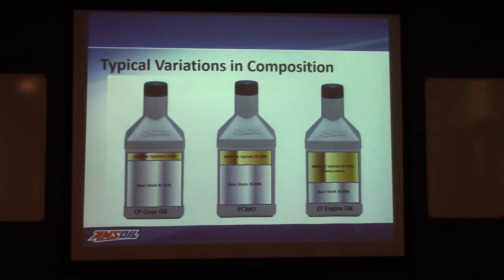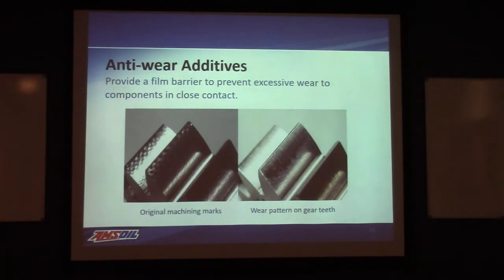Over half is additive. The rest is almost just carrier. It does some other things too. But depending on the application is going to depend how much of these chemistries we have to put in the product itself. Or in some cases we don't have to put in, depending on the base material that we use.